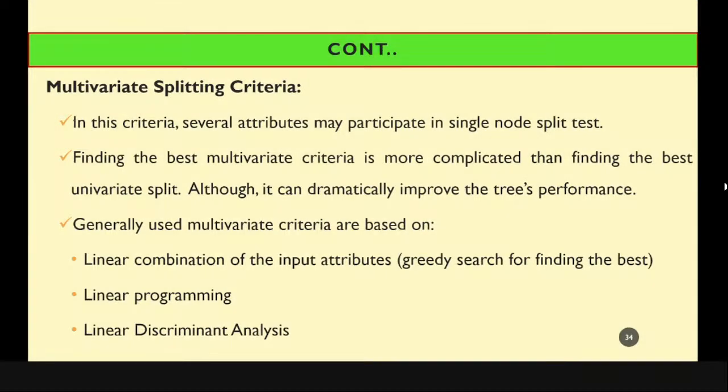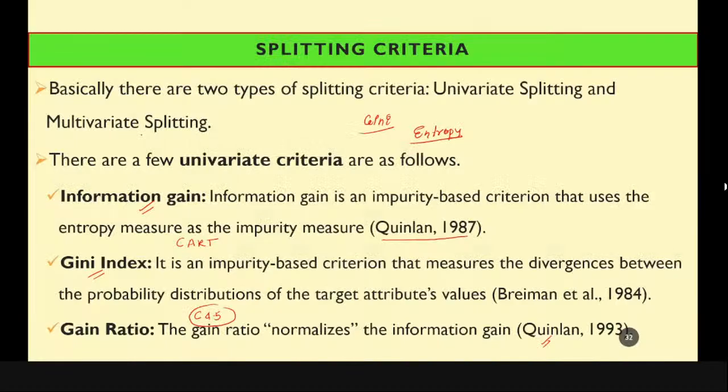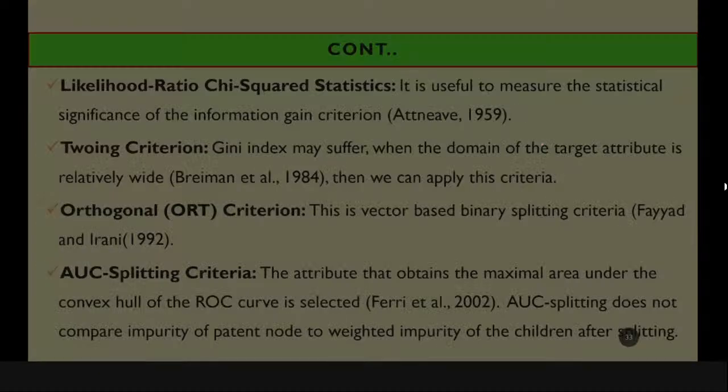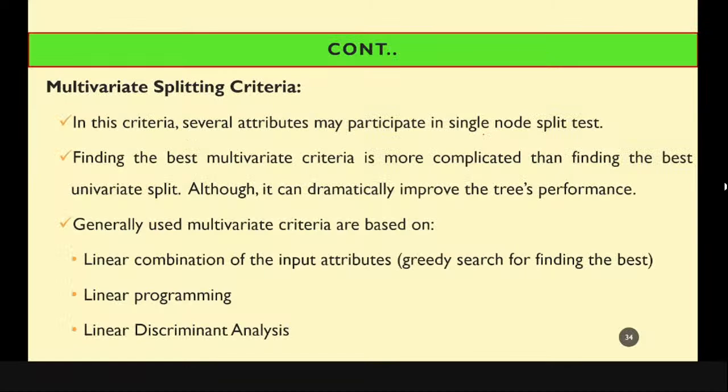And these are the univariate splitting criteria. Univariate splitting criteria means that whenever we select a node, it will be based on only one feature. But in multivariate splitting criteria, several attributes may participate in a single node splitting test.